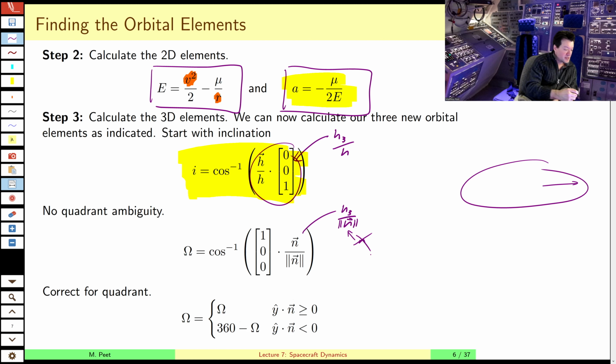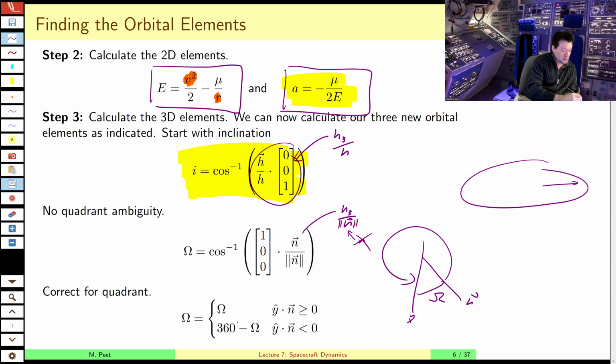So again, we do that inverse cosine. We're finding the angle that the line of nodes makes with the x-hat axis in ECI coordinates. Now this angle can vary all the way between 0 and 360, and so we do have quadrant ambiguity in this case.